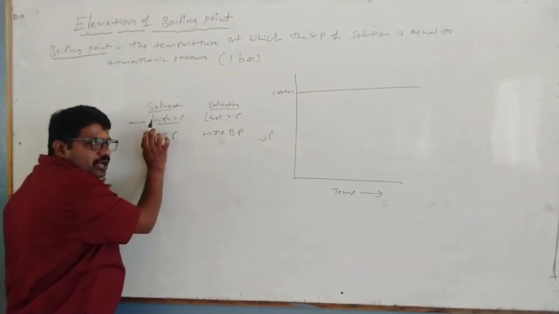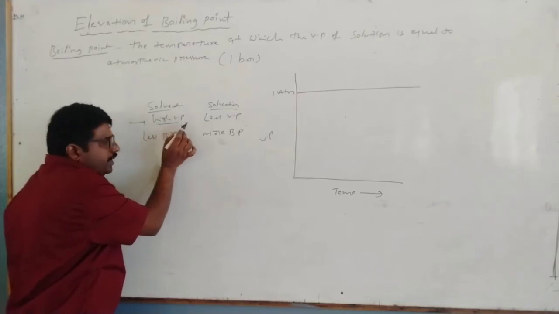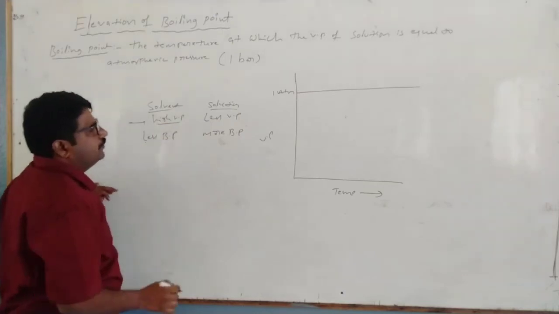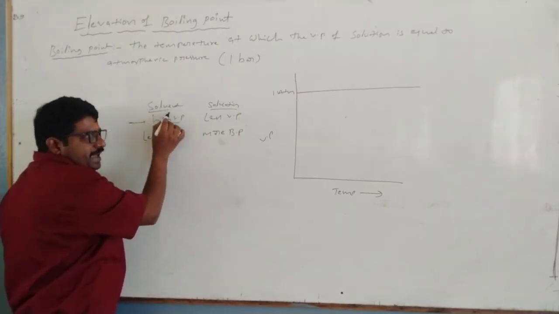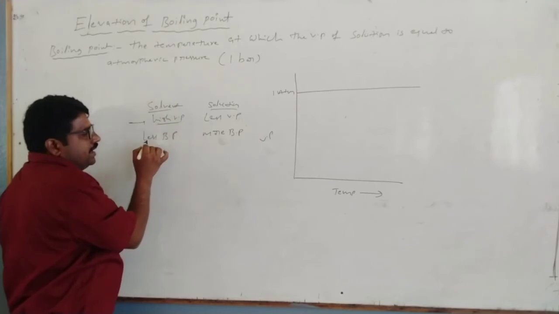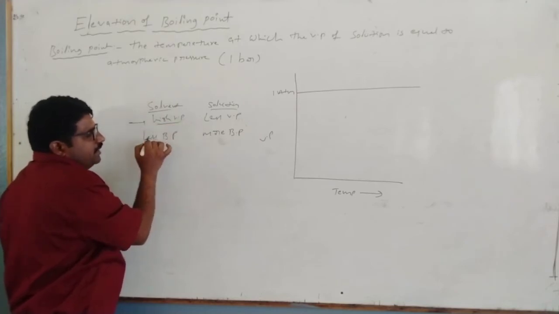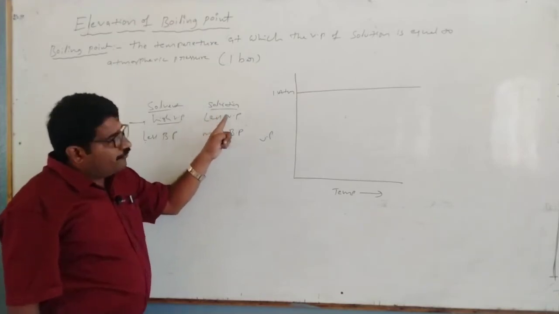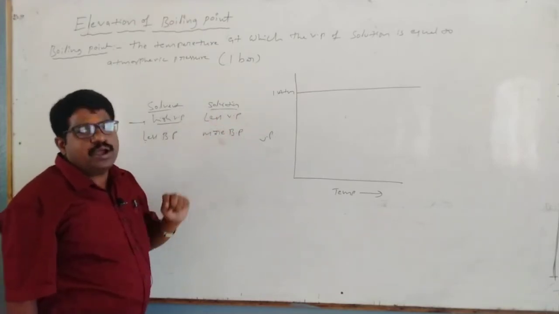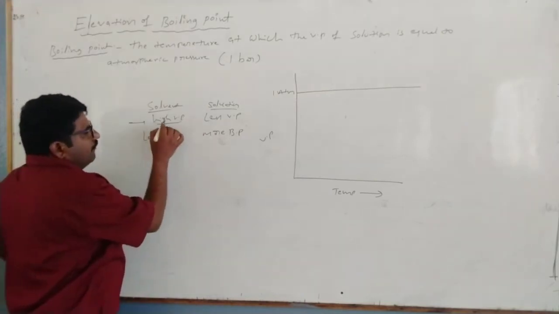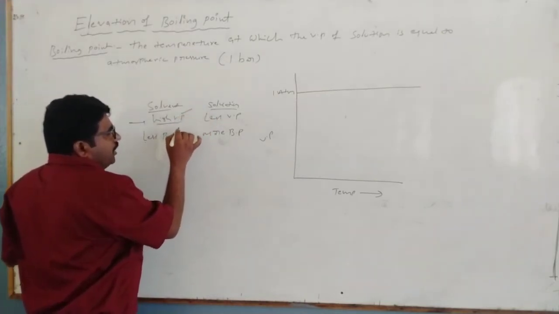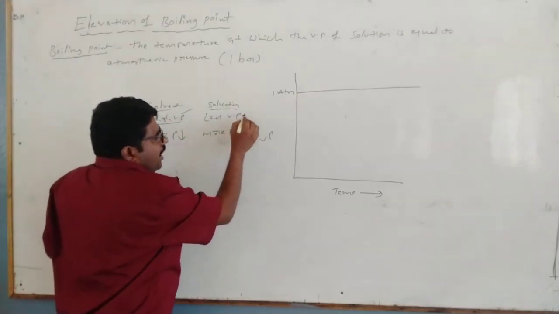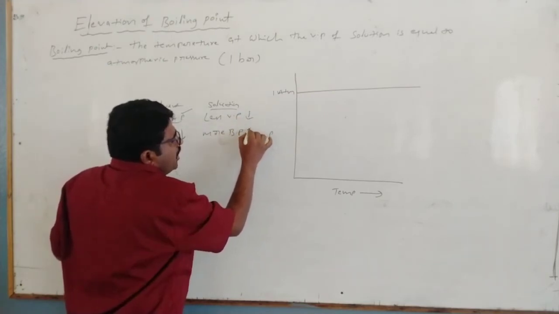So the volatile solvent has high vapor pressure and less boiling point, whereas the solution has less vapor pressure and more boiling point. Vapor pressure is high means boiling point decreases; vapor pressure is less means boiling point is more.